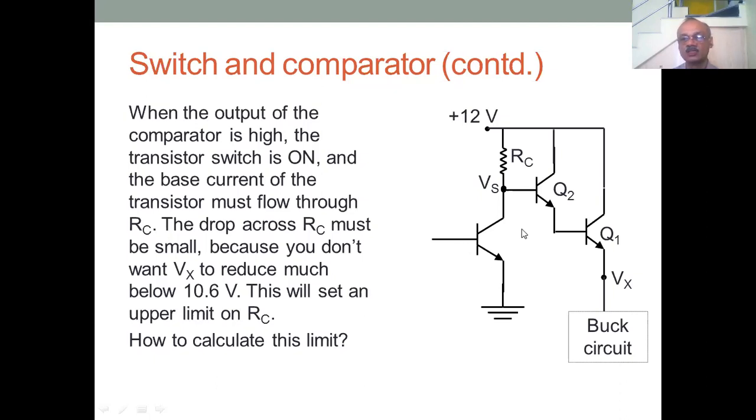So the only current path is through RC, through the base emitter of Q2 and base emitter of Q1.